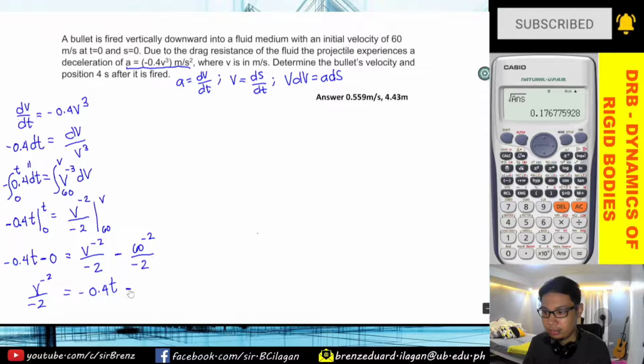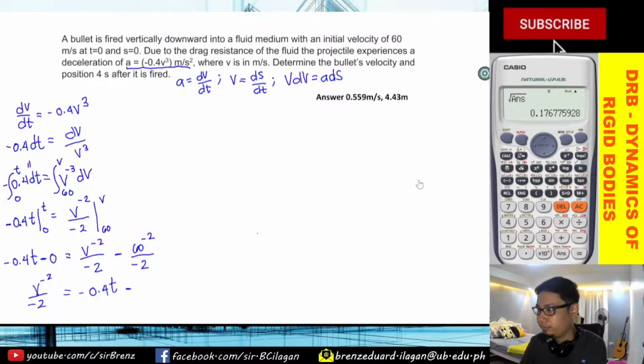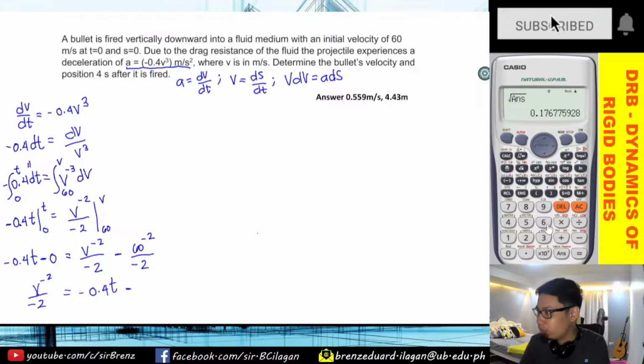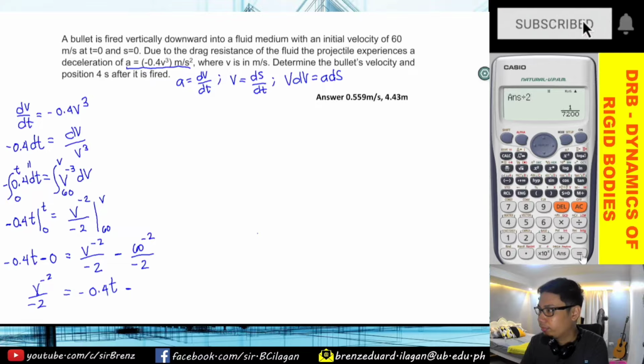Ito magiging minus lang din. Tama? I-simplify lang natin itong terms na ito. That will be negative 60 raised to negative 2, divided by 2, so magiging 1 over 7,200.